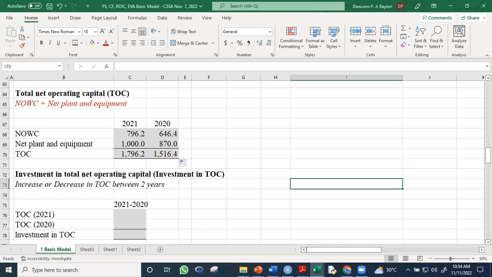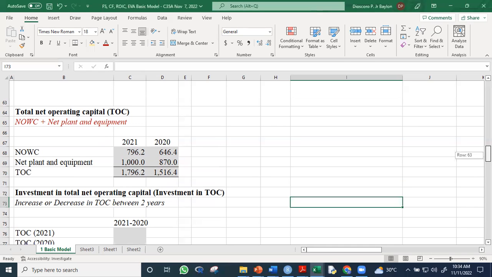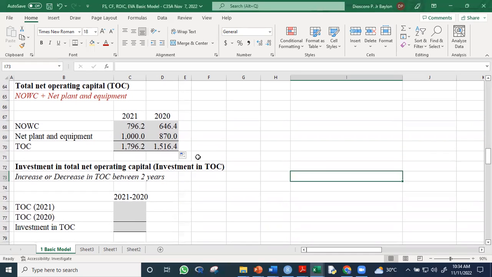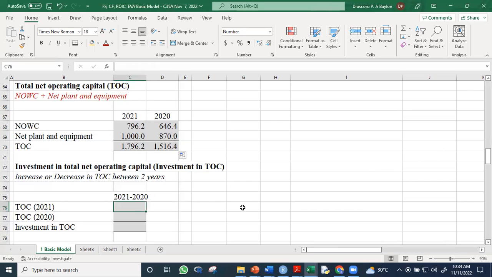Okay, so overall, in totality, the management was provided with 1,796,000 capital for its operations. And in 2020, it was only 1,516. So there was what we call an increase, an investment in TOC, which is the difference between the two, which is the next one we're computing.